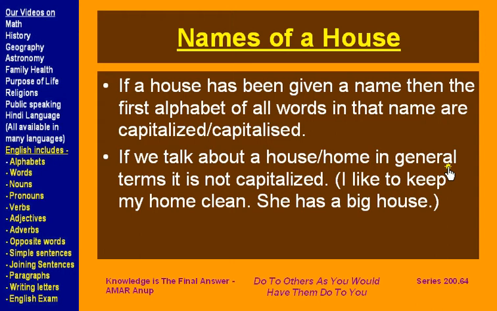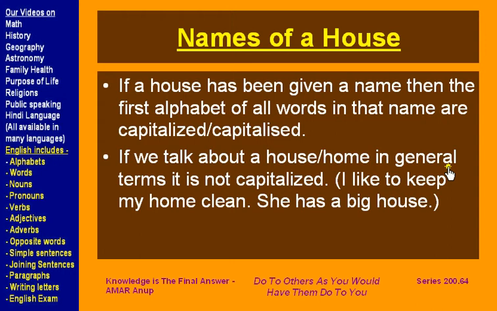However, if the word house or home is used in general terms, then it is not capitalized. For example, if you write, I like to keep my house clean, or my home clean, then the H in house or home is not capitalized.